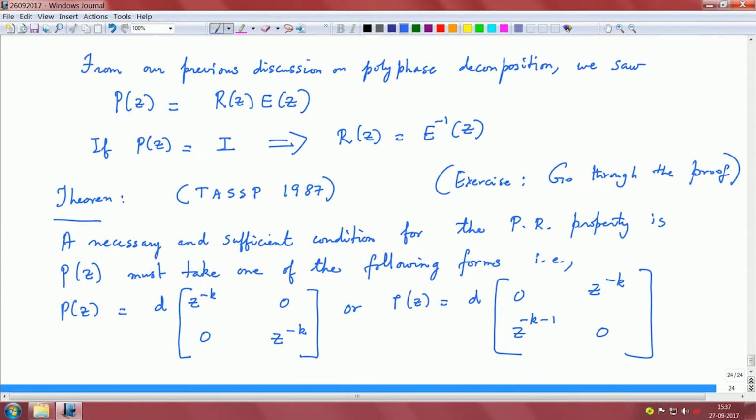Now, this has some interesting consequences. That means I have a structure that I have to impose on P of z, and this should be of this form. And then if we look into how E of z and R of z have to be, are there any structures for E of z and R of z?